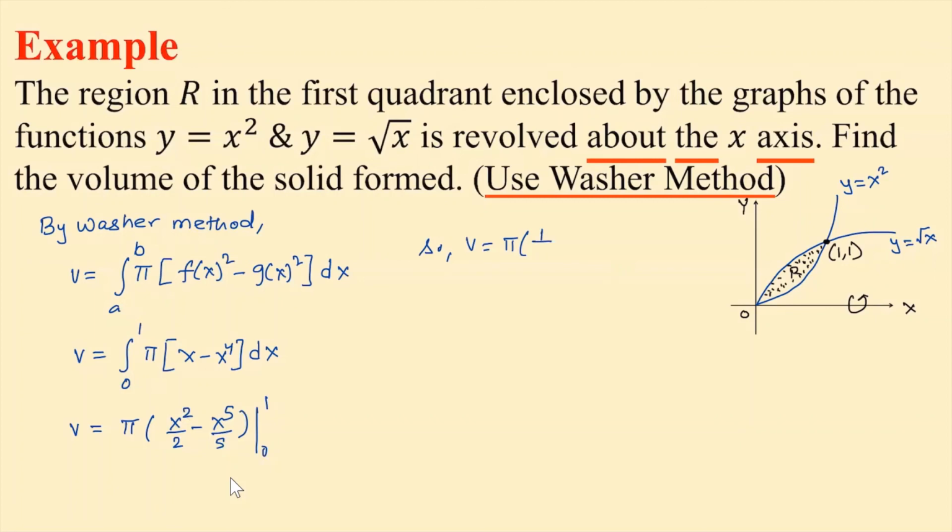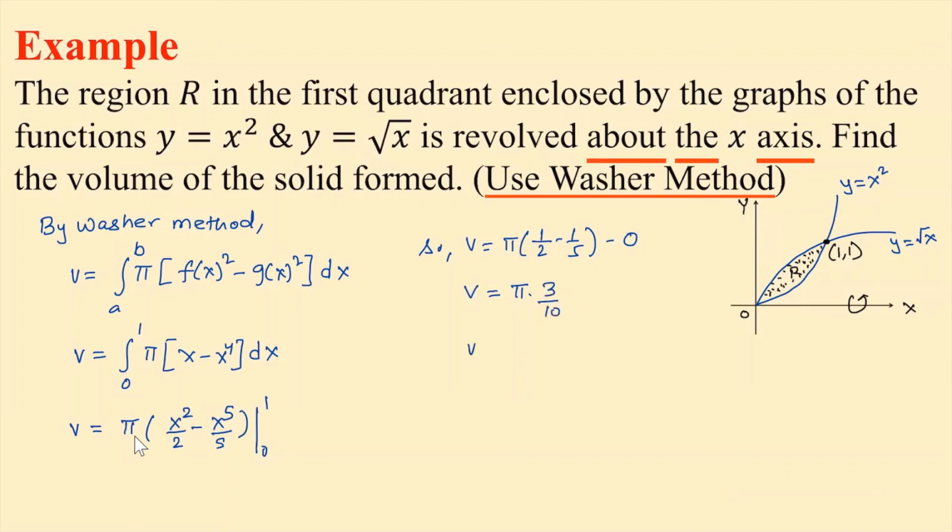So it will be 1 over 2 minus 1 over 5. And if you plug in the lower limit, 0 squared will be 0, and 0 to the 5 will also be 0. So everything inside the parentheses will be 0, multiplied by pi, that will also be 0. We are subtracting 0, which is equal to pi multiplied by 1/2 minus 1/5, which is 3/10.